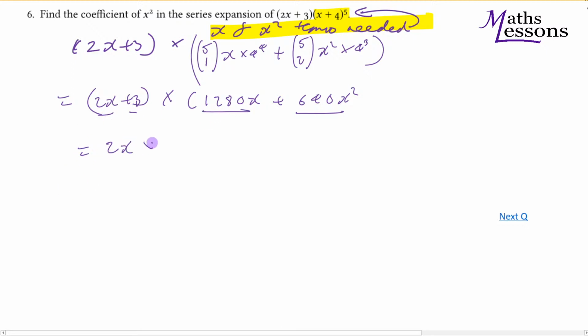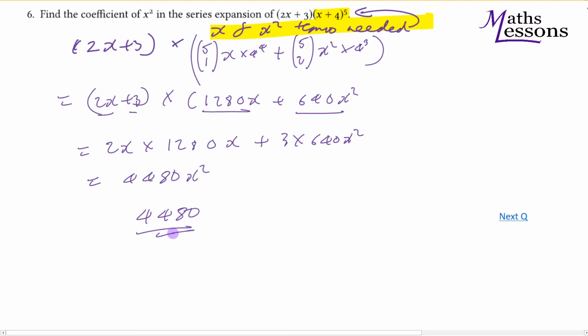So we get 2x times 1280x plus 3 times 640x squared, which gives us 4,480x squared. So the coefficient is equal to 4,480.